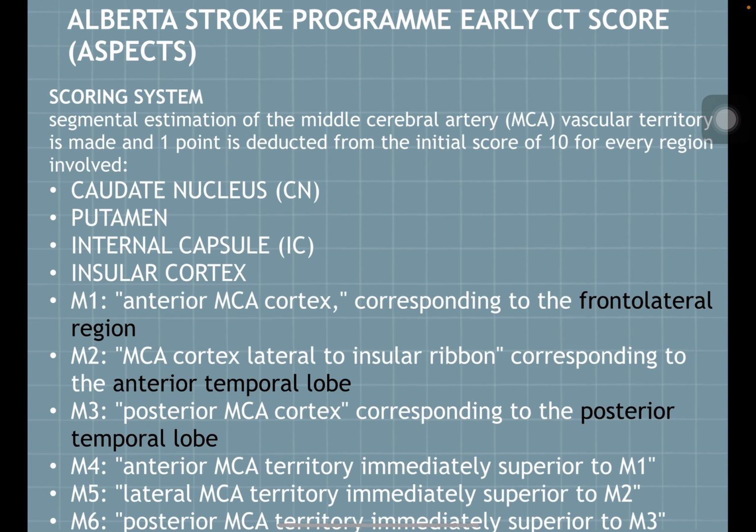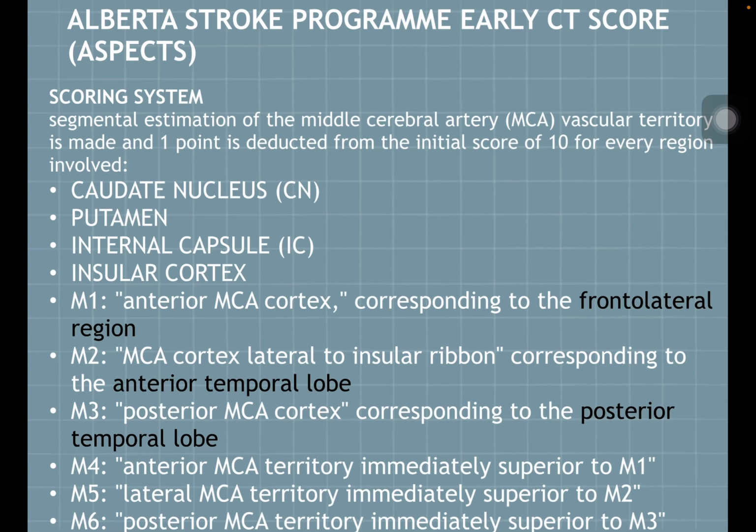So when we discuss ischemic stroke, we need to know the ASPECT score, Alberta Stroke Program Early CT score. A segmental estimation of the middle cerebral artery vascular territory is made, and 1 point is deducted from the initial score of 10 for every region involved. So here, for example, we have caudate nucleus, putamen, internal capsule, insular cortex, and M1 region.